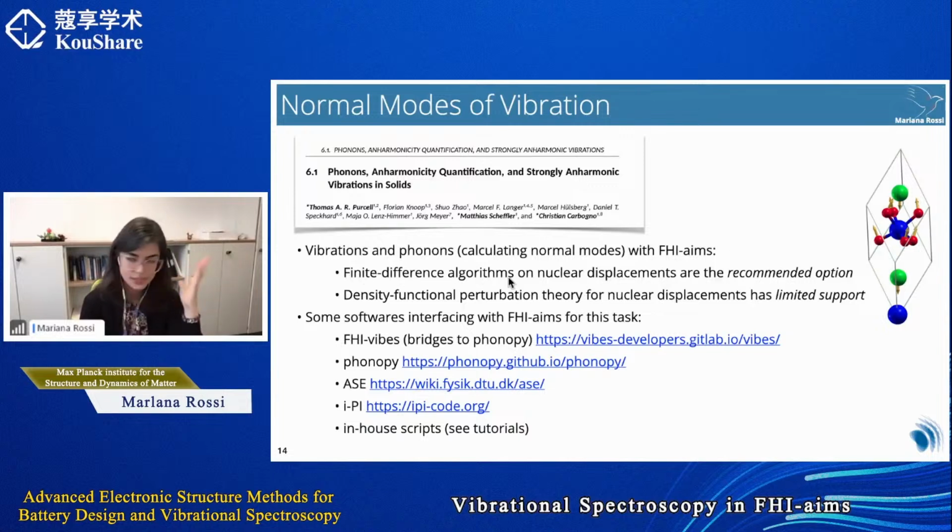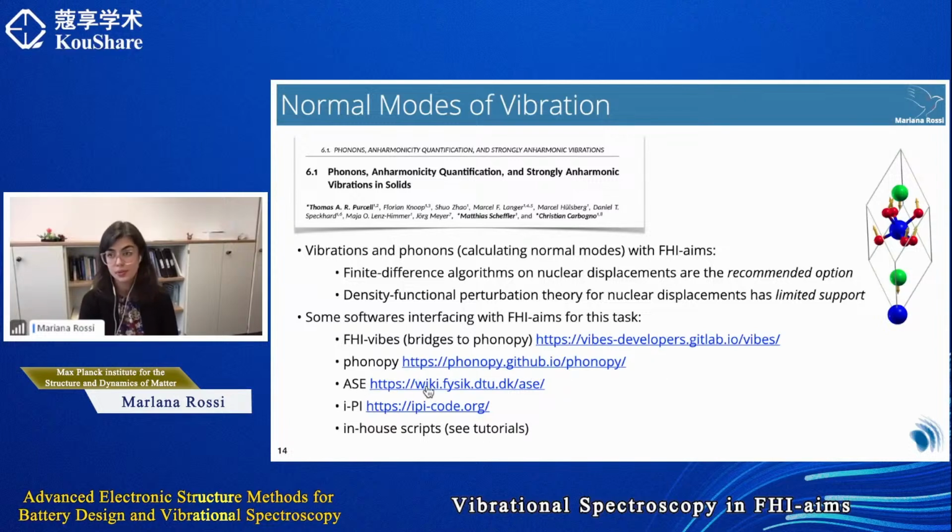These finite difference algorithms can be done with FHI-aims very simply, for example, by interfacing with FHI-vibes, which bridges to Phonopy. This is a very tight connection to FHI-aims. It's built for FHI-aims, and it's very easy to do phonon calculations with this code. You can also use Phonopy itself directly with FHI-aims if you wish to do so. It has an interface.